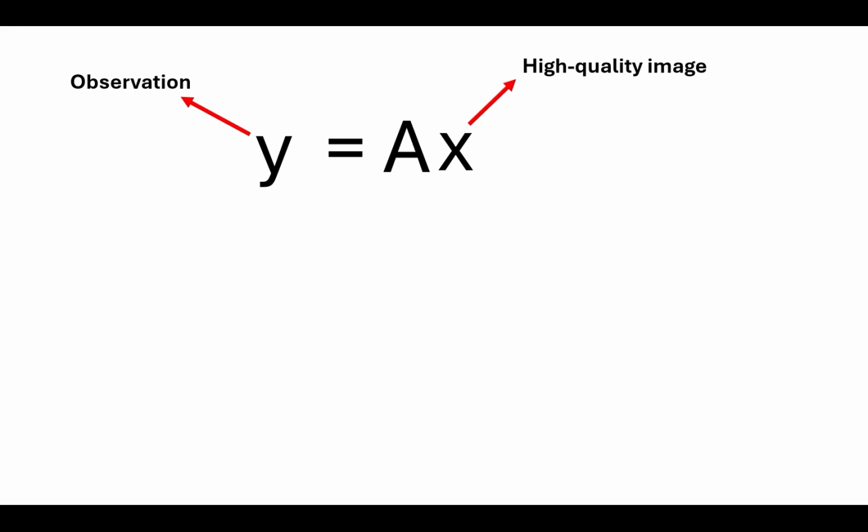Well, you might say if we have this matrix A, then we can multiply this equation by the inverse of this matrix and we can easily solve it. But the thing is that this matrix is not necessarily invertible, and also we have additional unknown noise that is added in real life that we don't have access to, and that makes the task more challenging.